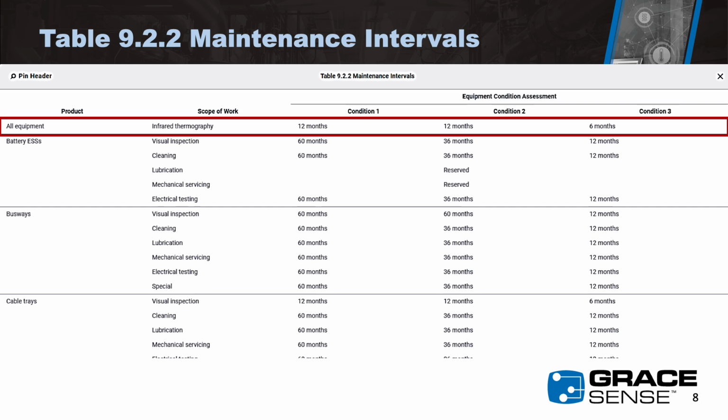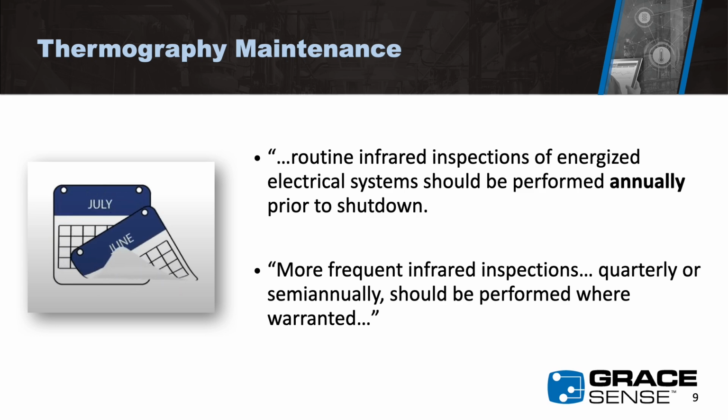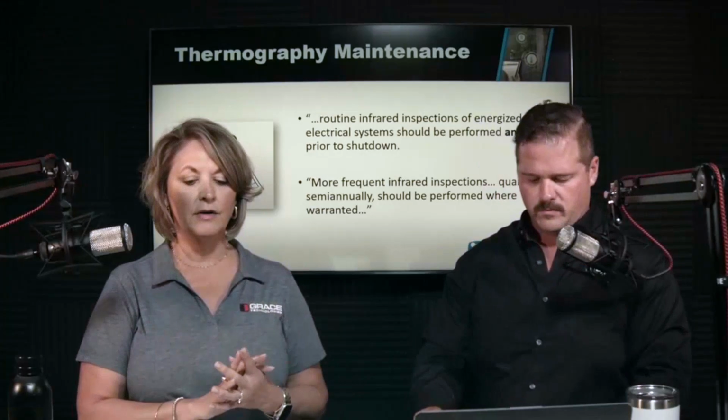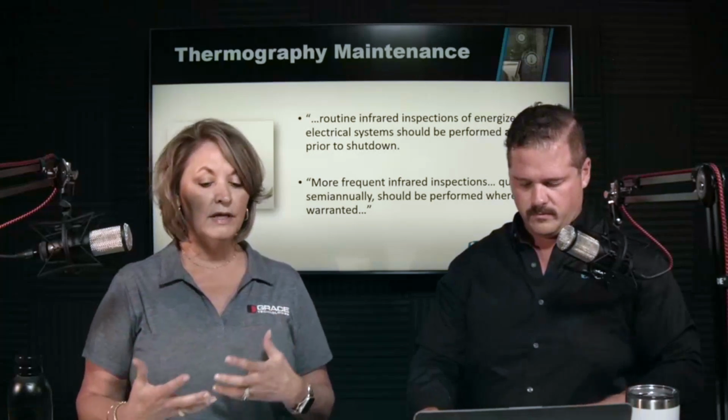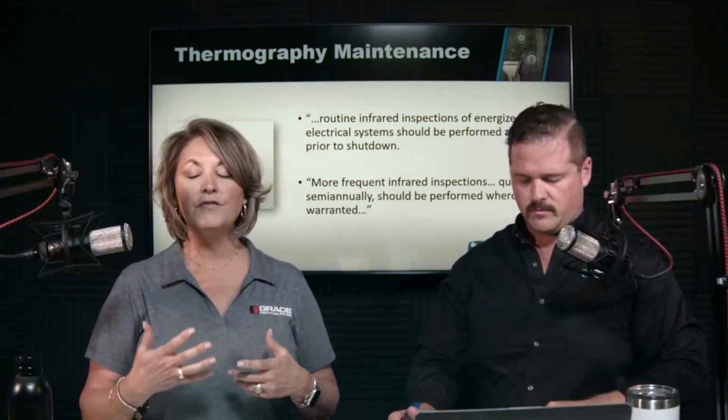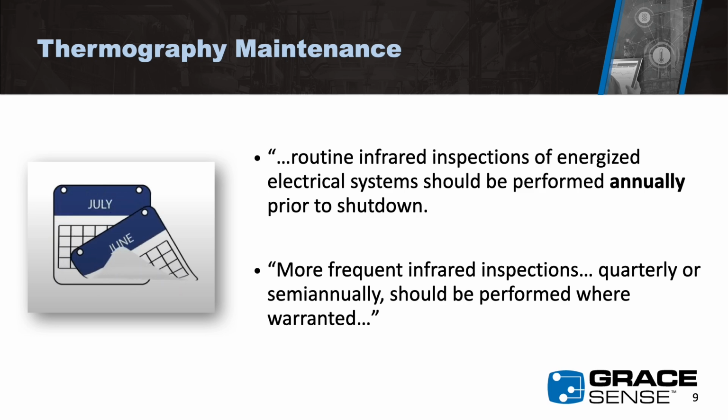And depending on which type of equipment and the condition your equipment is in, they give you basically the averages, the annual surveying. But specifically thermography, they talk about how these inspections need to be done on energized equipment annually. So in other words, prior to shutdown. And then more frequently, quarterly or semi-annually, if the equipment warrants it.